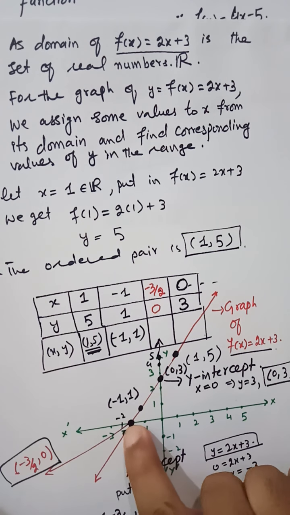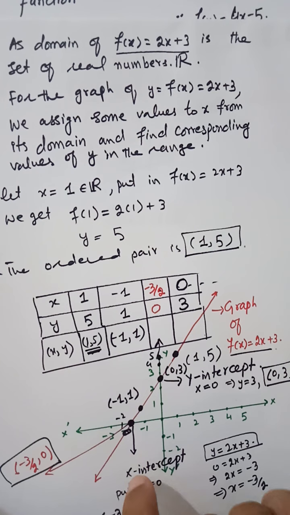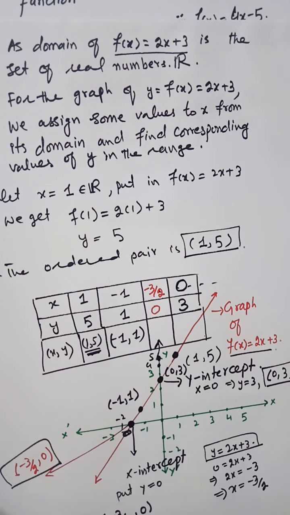So always plot the x-intercept and y-intercept, because a doubt will remain in the graph. The graph is passing through the x-axis and y-axis, and you wouldn't know the points at which the graph passes through them, because you didn't know the x-intercept and y-intercept.